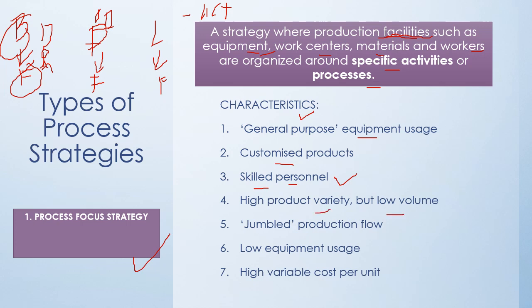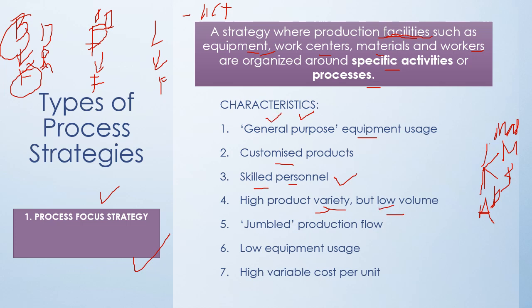High product variety here means the company using process focused strategy, in the end the company produce a lot of types of product. Output yang dikeluarkan tu mempunyai banyak jenis. For example, magazines. Printing magazine, so the output is magazine. Newsletters, banners, reports, assignments. So these are called as the variety of products produced by using one general purpose equipment.